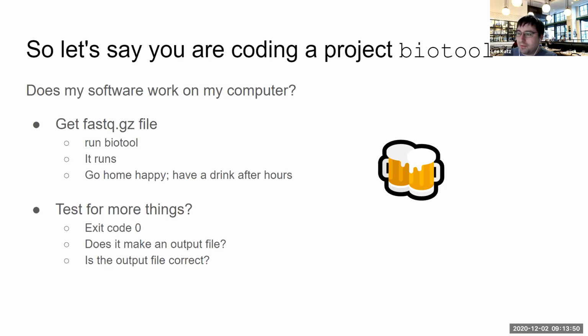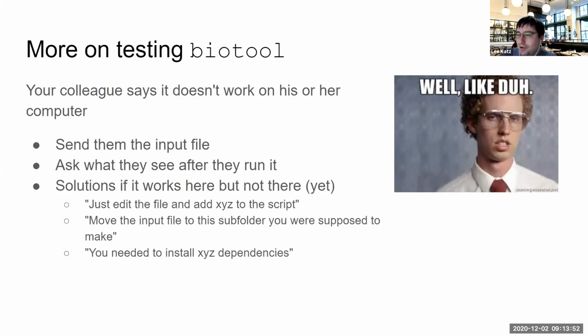But let's go a step further. Let's say your colleague wants to use it, but it doesn't work. Well, you don't want to be like my impression of Napoleon Dynamite, where you're just like, you should have done this. You should have edited this script. You should have installed the dependency. Didn't you know that?